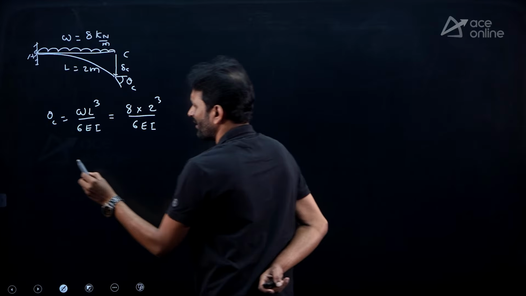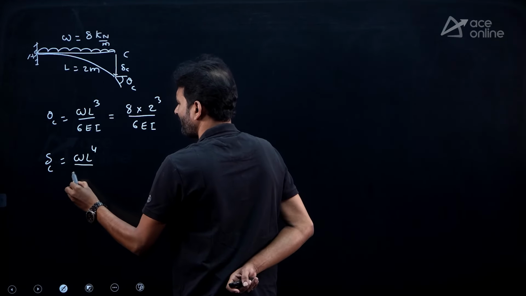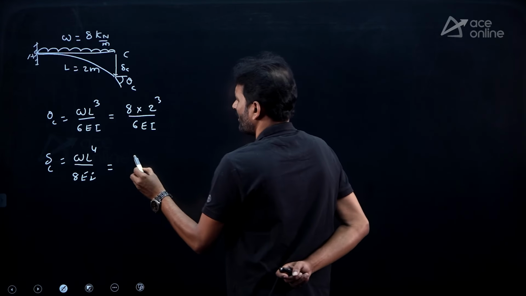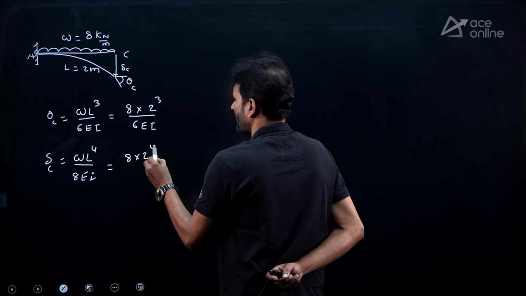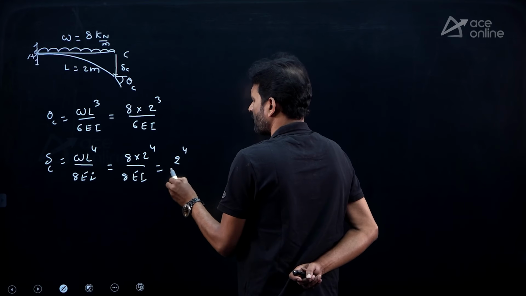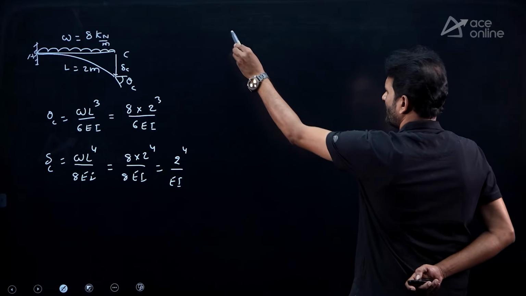Good. Then del C is omega L raised to 4 divided by 8 EI, a downward deflection. Omega is 8, 2 to the power 4 divided by 8 EI. This is nothing but 2 to the power 4 divided by EI. Good. Now come to del B.